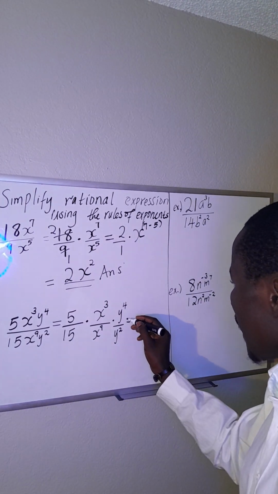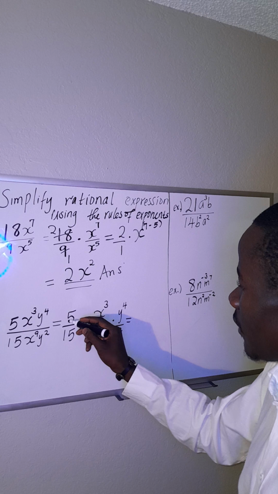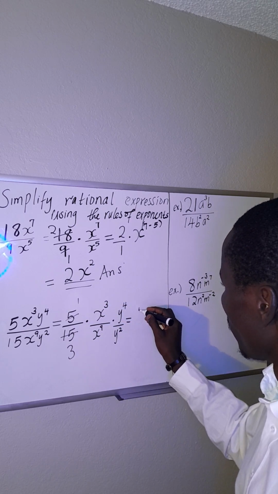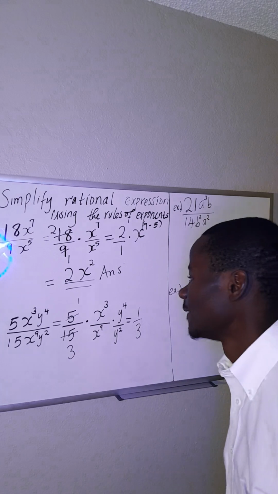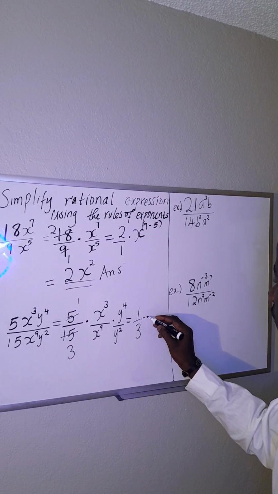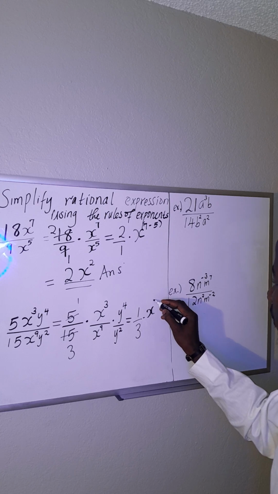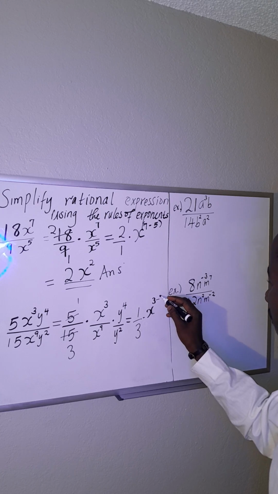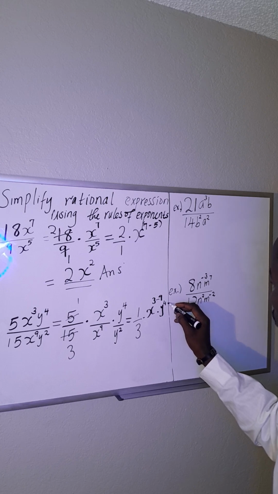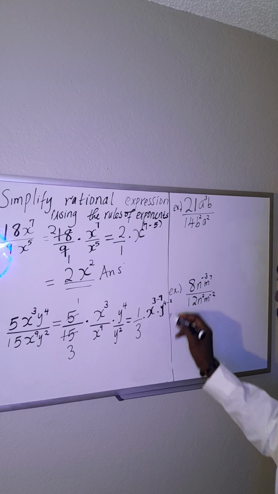Then I split them out again. 5 goes into itself 1, and 5 goes into 15 3 times. Therefore I have 1 out of 3. For the rest I follow the quotient rule: x raised to the power of 3 minus 9, times y raised to the power of 4 minus 2.